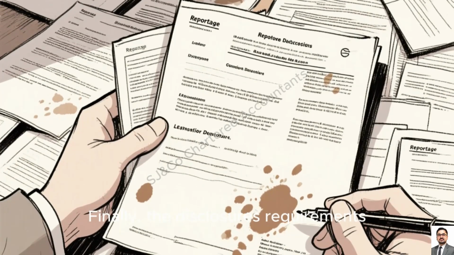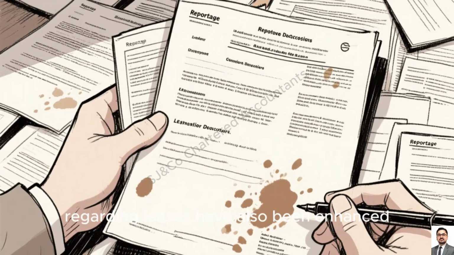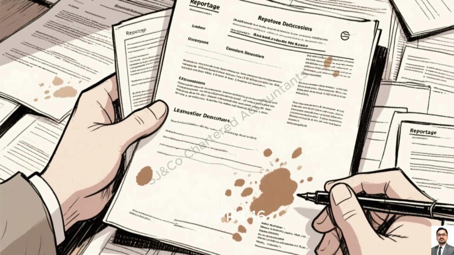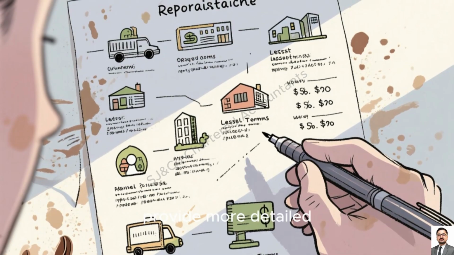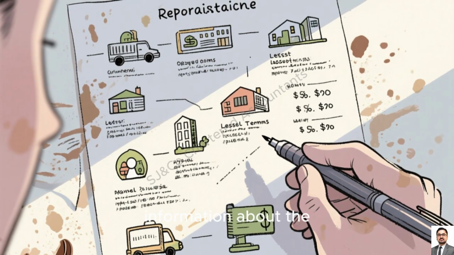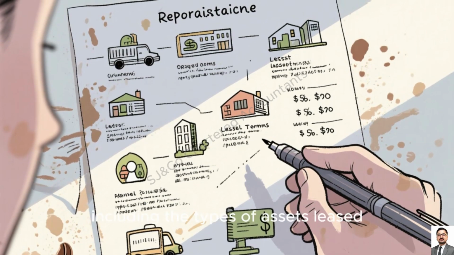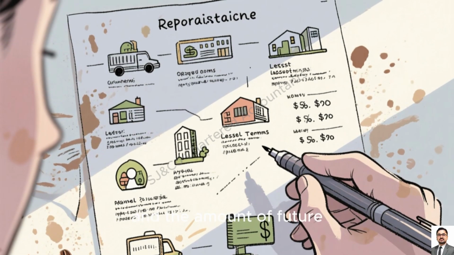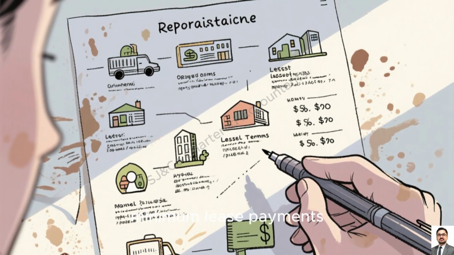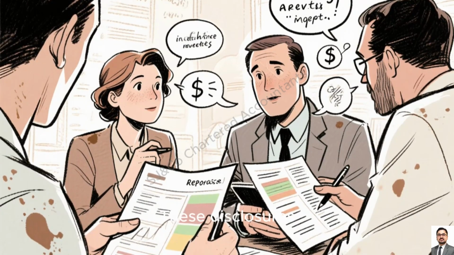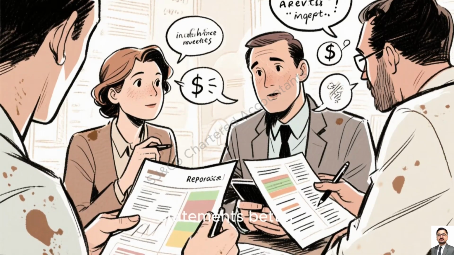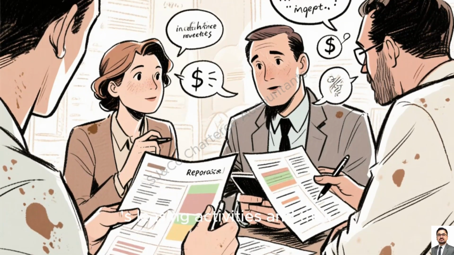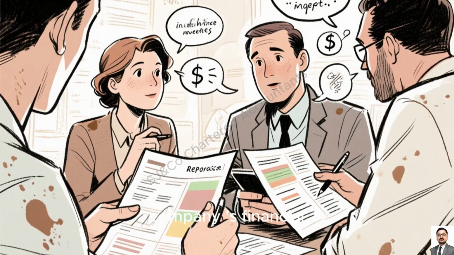Finally, the disclosure requirements regarding leases have also been enhanced by IFRS 16. Lessees are required to provide more detailed information about the nature of their leases, including the types of assets leased, the lease term, and the amount of future minimum lease payments. These disclosures help users of financial statements better understand the company's leasing activities and their impact on the company's financial position and performance.